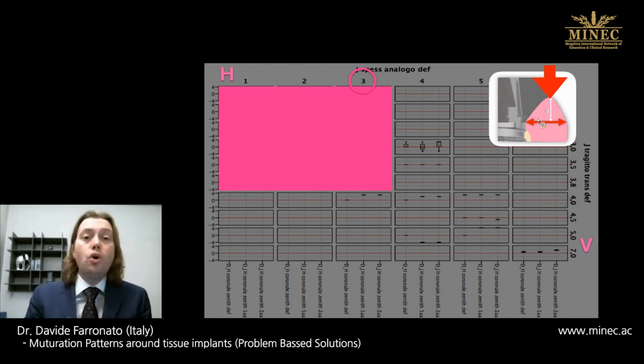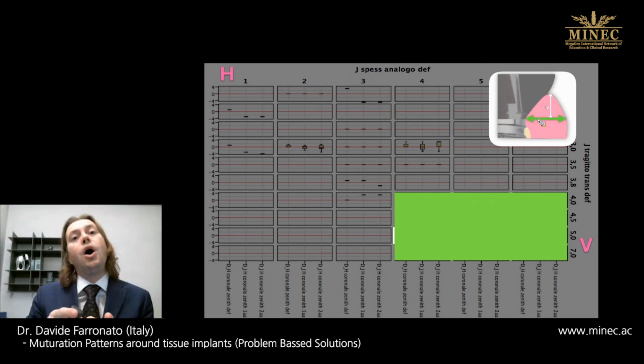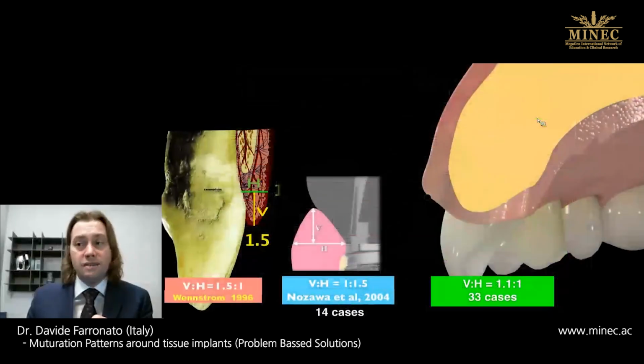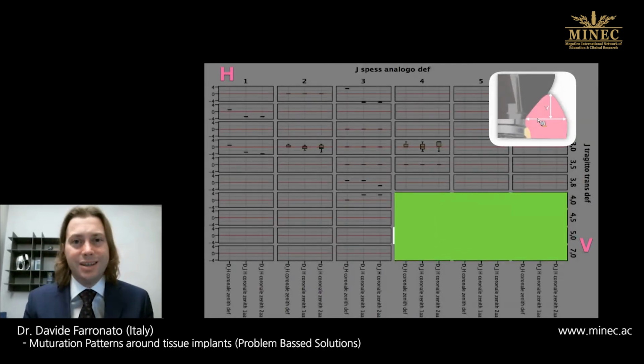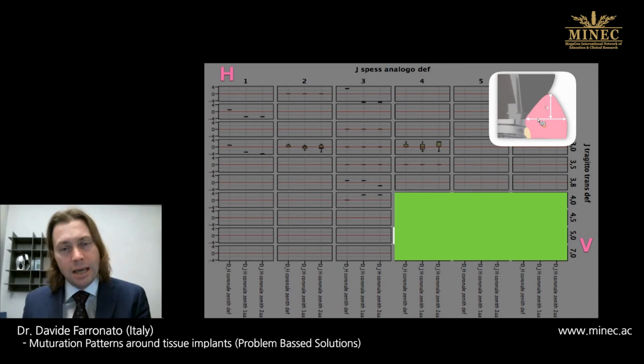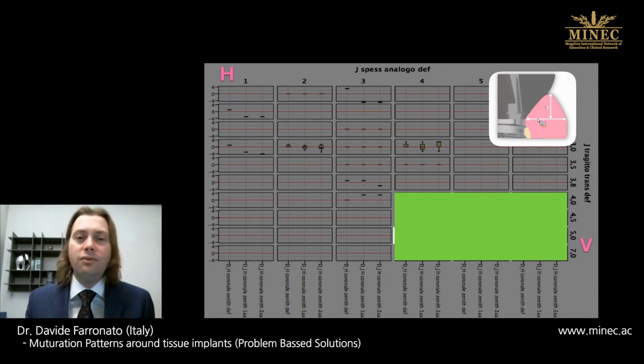But if you have more than 4 millimeters of horizontal biologic width from the connection of the implant to the surface of the gum, you will have a positive maturation, a creeping of tissue over the years, not a recession. And this is another parameter that gives us the ability to be more predictable when we place an implant in an esthetic area. And of course we want that in the follow-up we will not have a recession in that area.